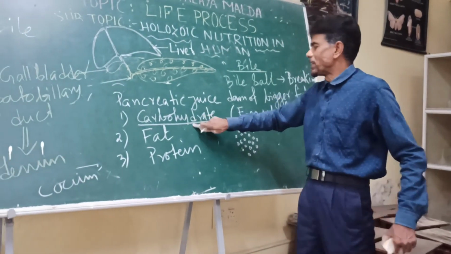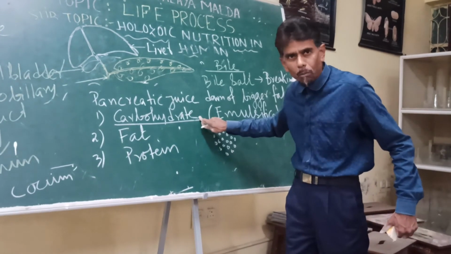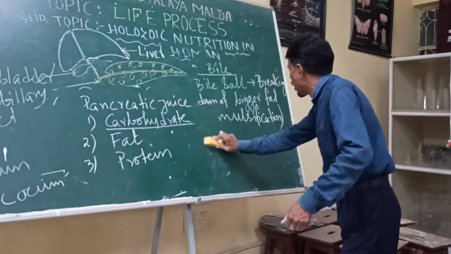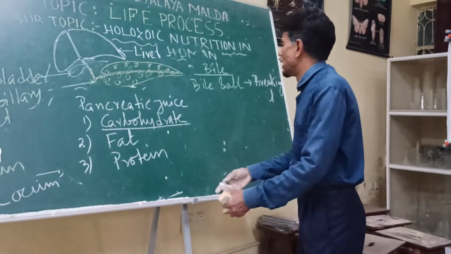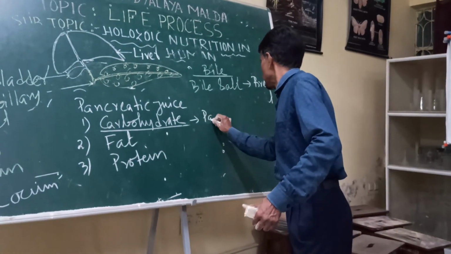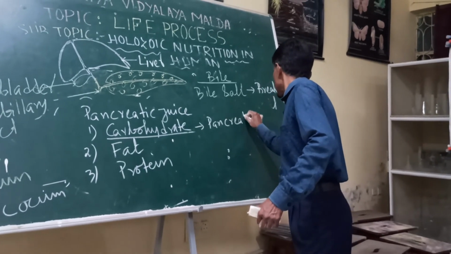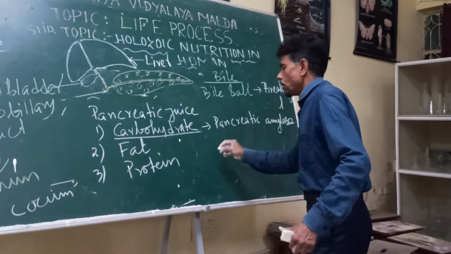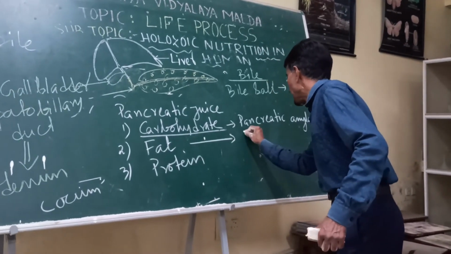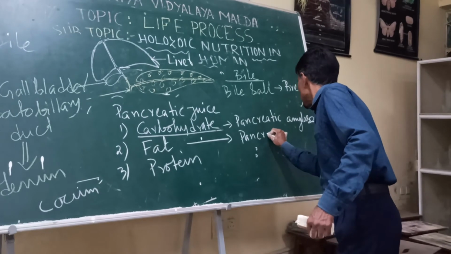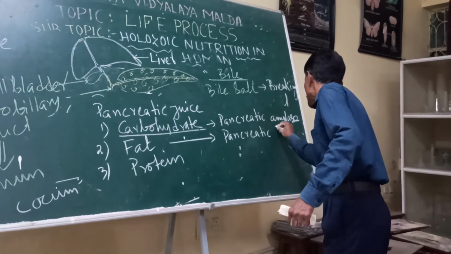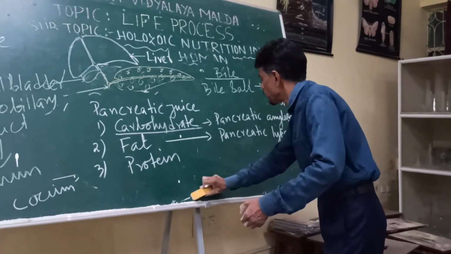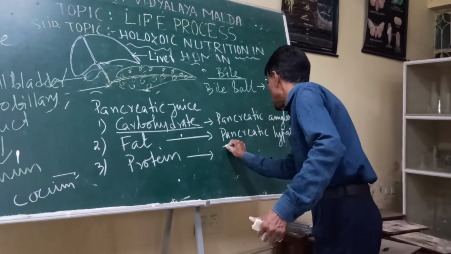The enzyme present in the pancreatic juice for the digestion of carbohydrate is called pancreatic amylase. For fat digestion, pancreatic lipase. And the protein digesting enzyme is trypsin.